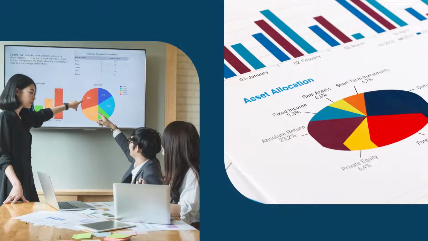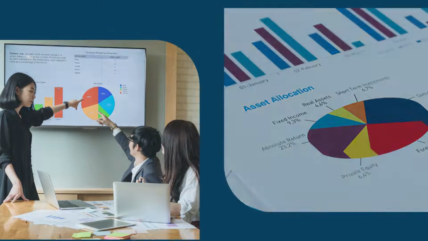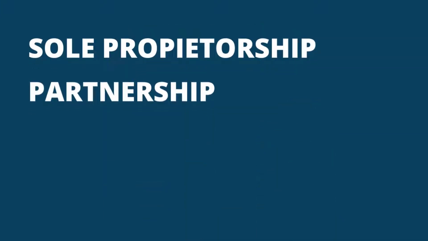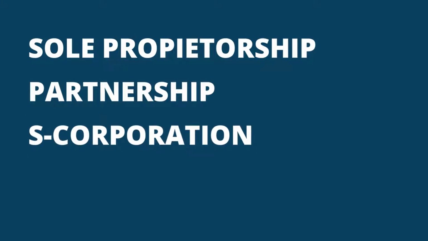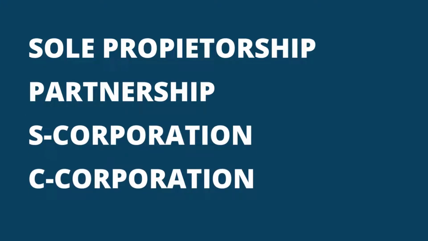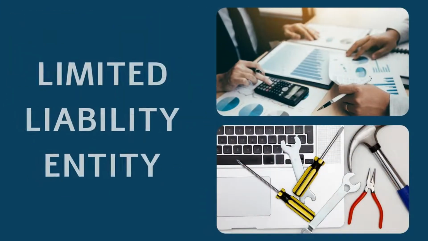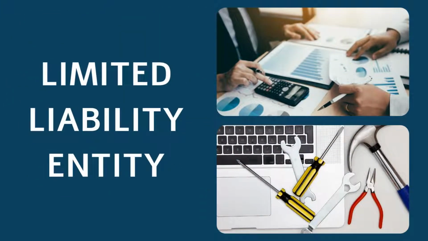That usually means the creation of a limited liability company, the LLC, or a series limited liability company, the series LLC. These entities can be organized and taxed as a sole proprietorship, a partnership, an S corporation, or even a C corporation. A good business attorney will teach you how to operate and maintain your limited liability entity.